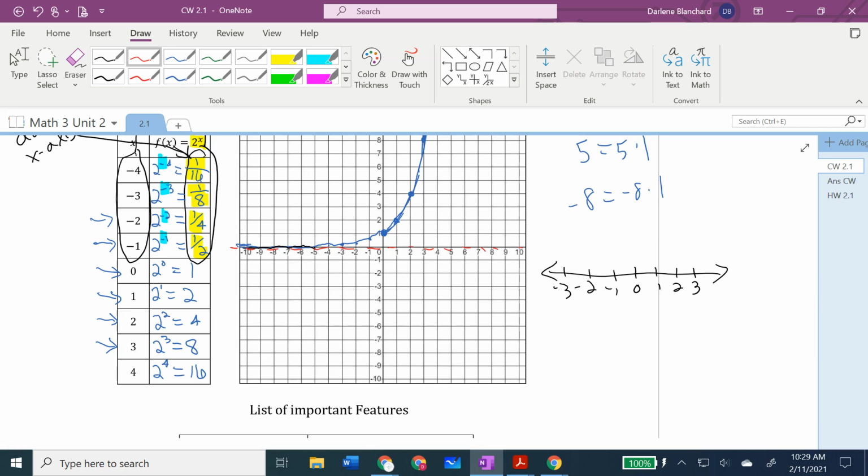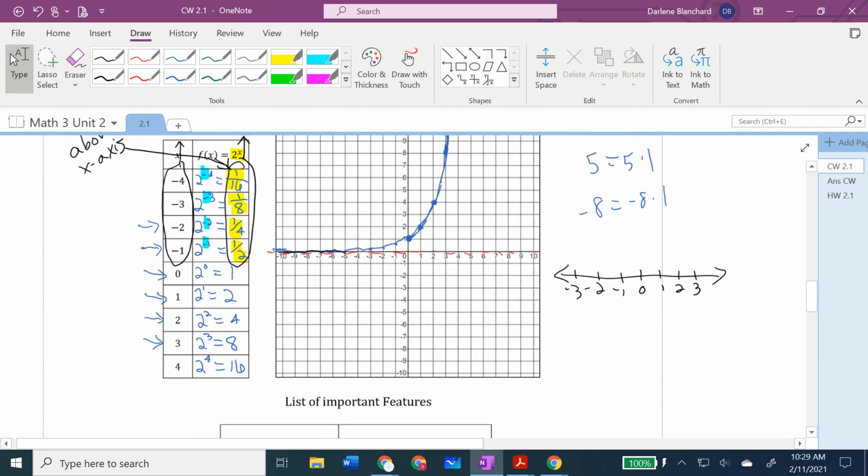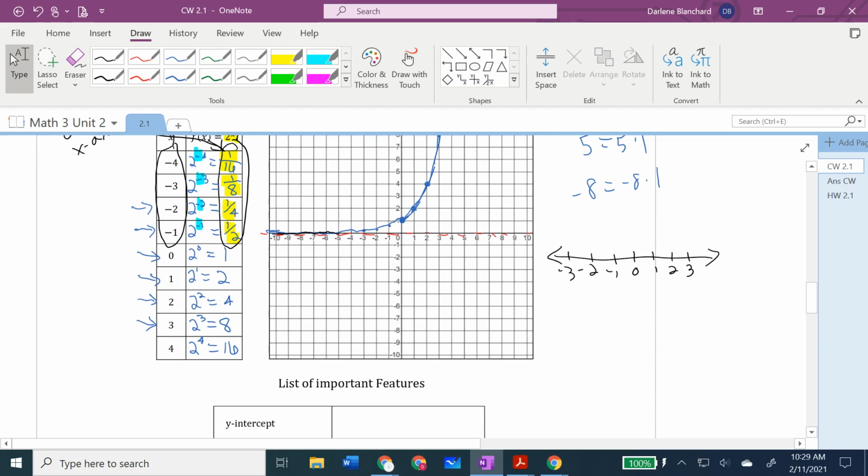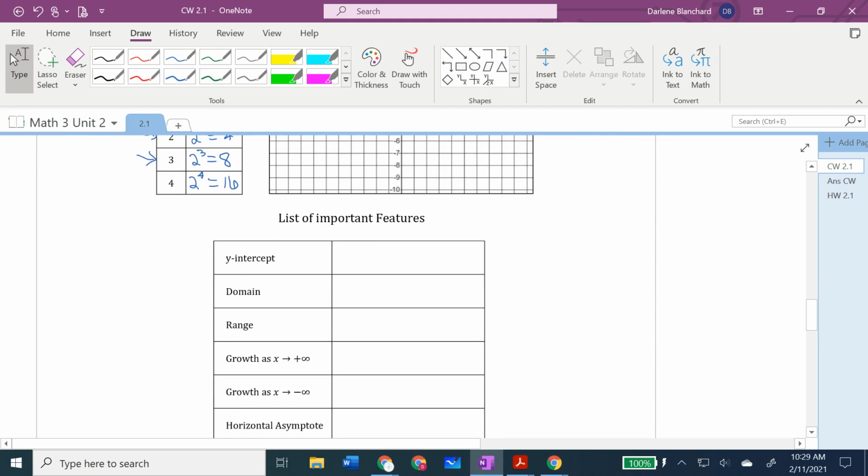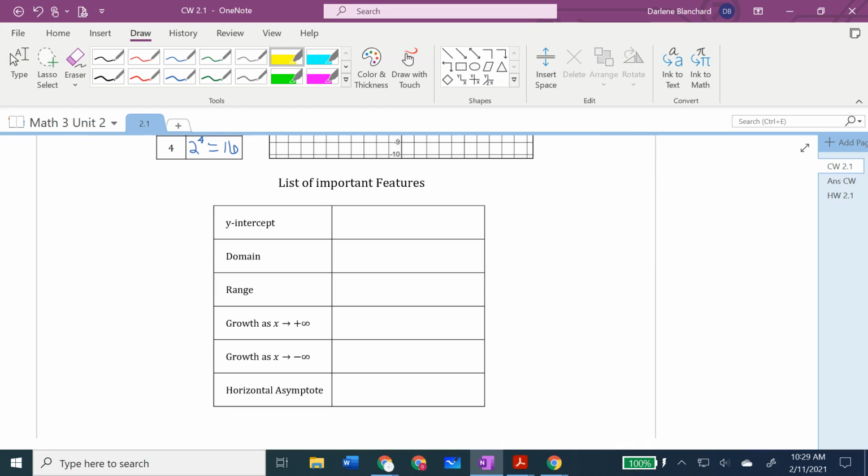Is it exponential growth? That would be the name of the graph. And I don't know if you've heard this actual word before. Have you guys heard the word asymptote before? Does it sound familiar?